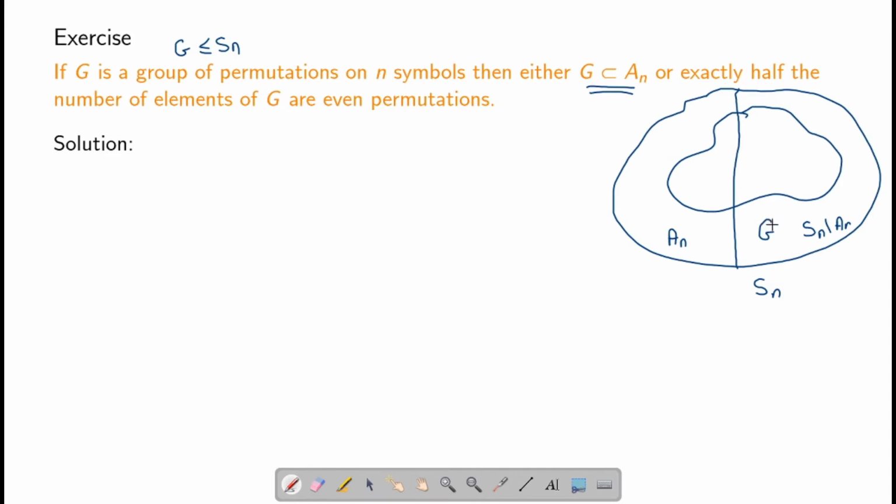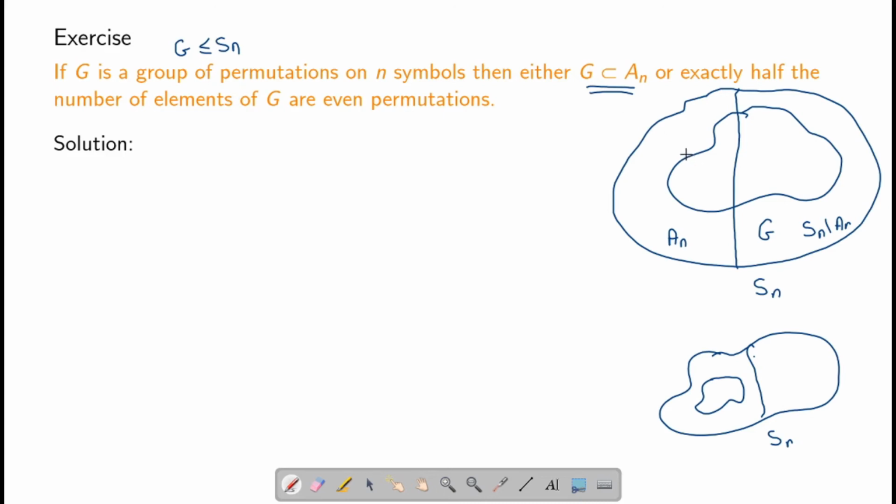So if you have G, either exactly half of G is in A_n, or entirely G is on one side. This is what this exercise tells us.